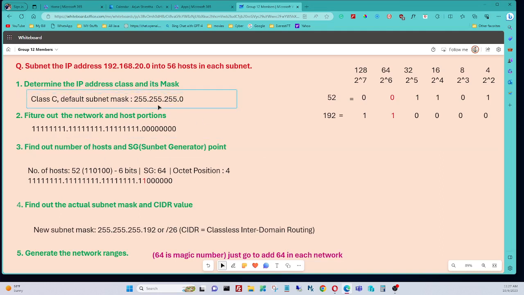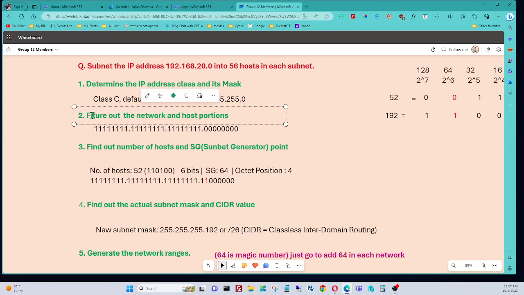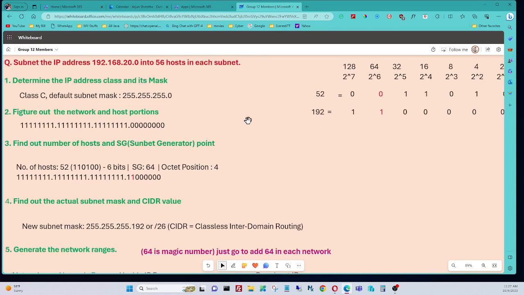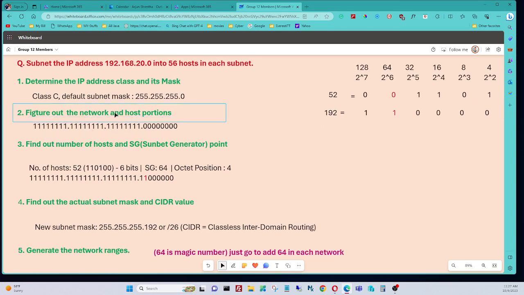The next step is to figure out the network and host portion. Before doing anything, we have to figure out which part is the network and which is the host.